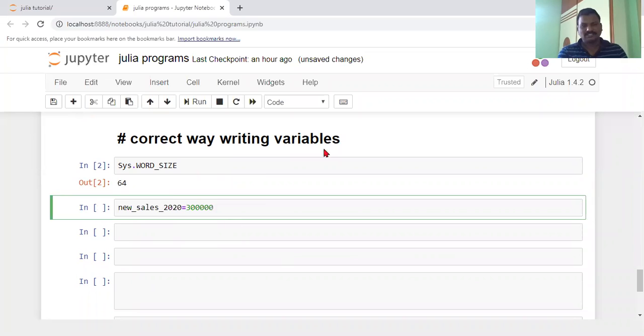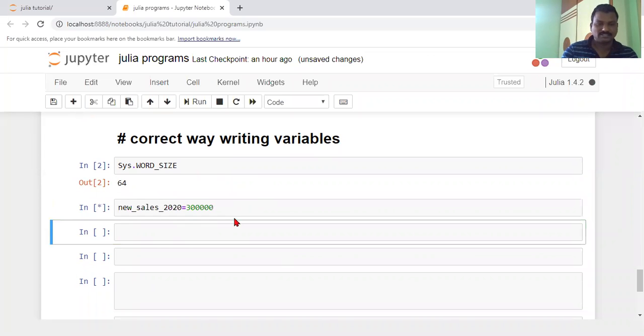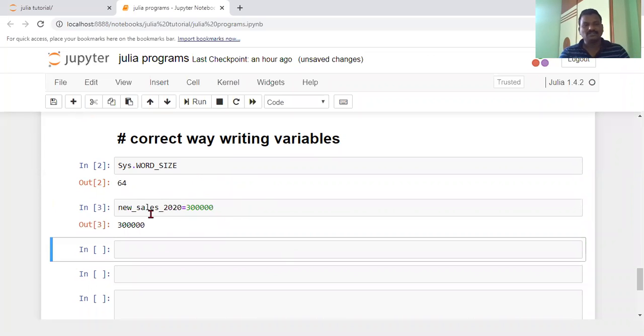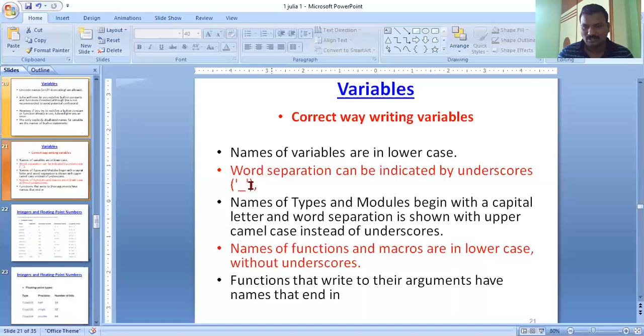If the size of the word is long, then you will use an underscore sign. That indicates the word size is long, and it can be indicated by the underscore here.